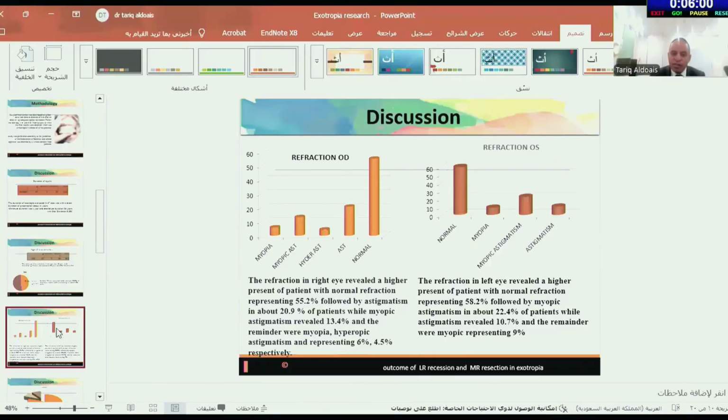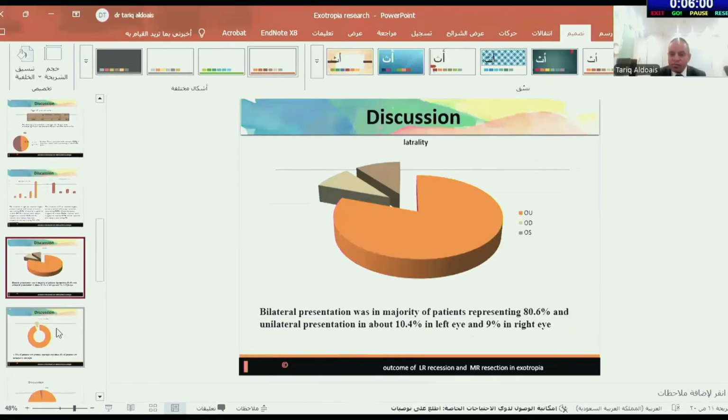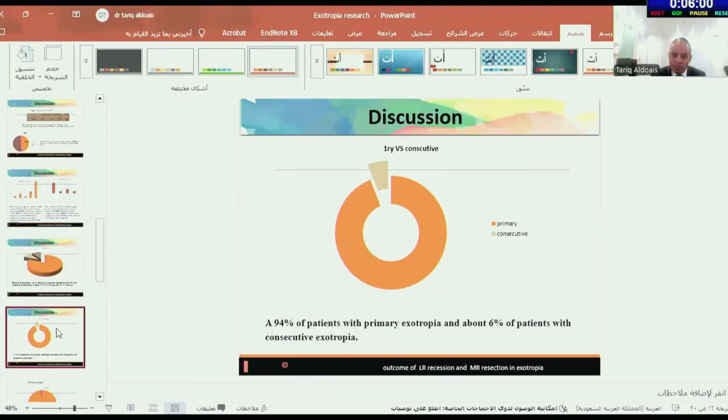Myopic astigmatism was in 13%, and the remainder had myopic hyperopic astigmatism. Alternating squint was the majority, and unilateral was 10% in the left and 9% in the right eye.